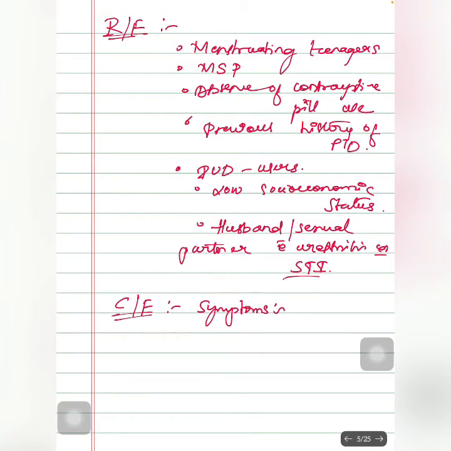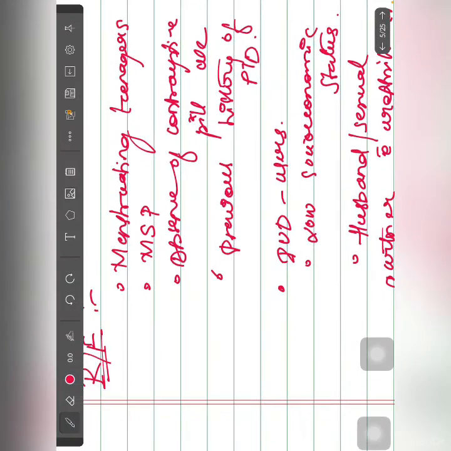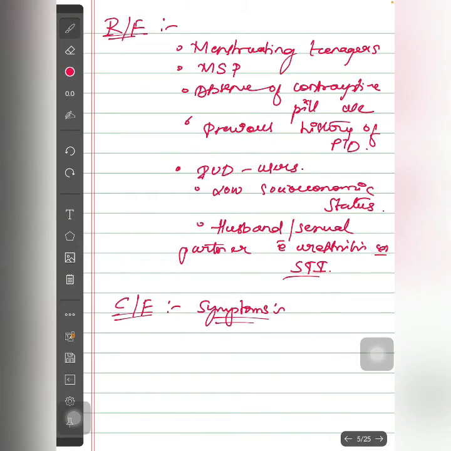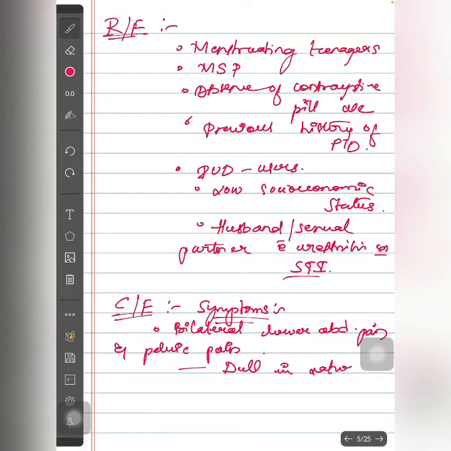Next, coming to clinical features, there are symptoms and signs, which you need to mention. In symptoms, there is bilateral lower abdominal and pelvic pain, which is dull in nature. There is fever, lassitude and headache.